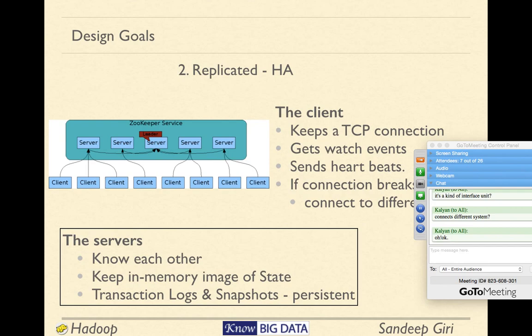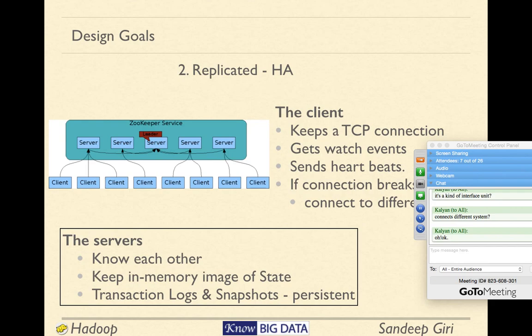All right. Now you might wonder how it works when it's highly available. There are so many machines. As a user of ZooKeeper, how are you going to contact this? It's pretty simple actually. There is a client library, and that client library hides all the complexities from you.